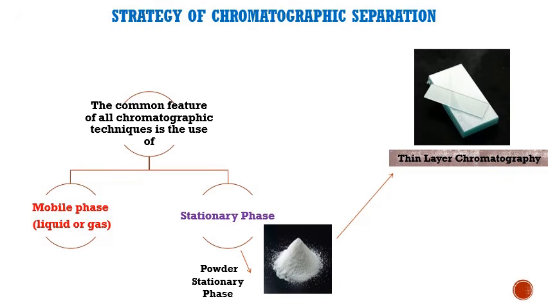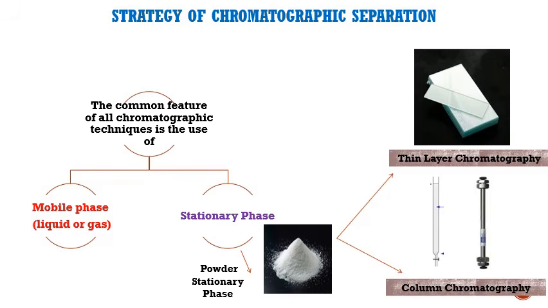The second type is when the powder's stationary phase is packed into a column, and hence this type of chromatography is known as column chromatography. So TLC is a type of planar chromatography, as the stationary phase is on a plane.